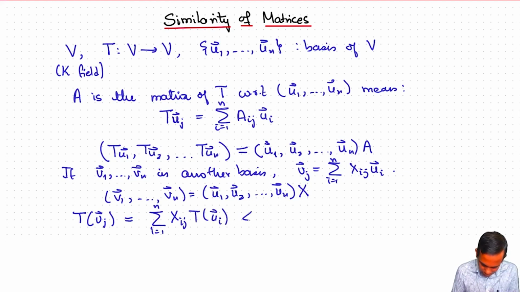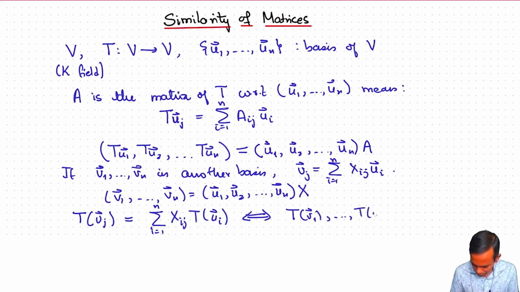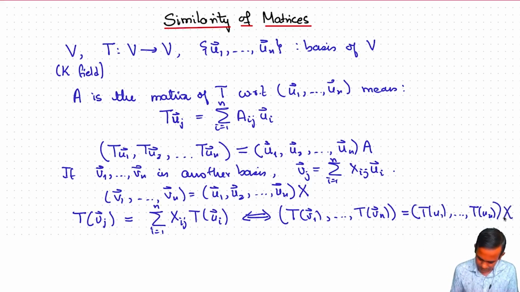So we can write this identity in vector notation as (Tv1, ..., Tvn) is equal to (Tu1, ..., Tun) times X.